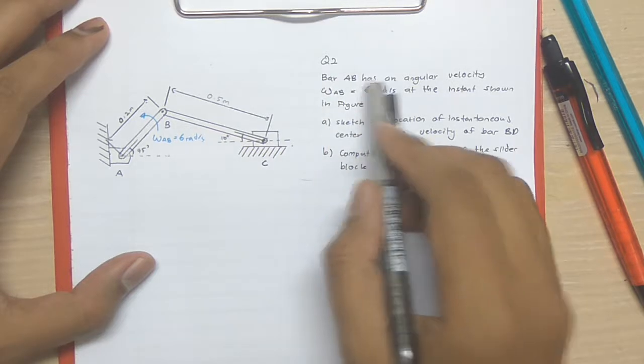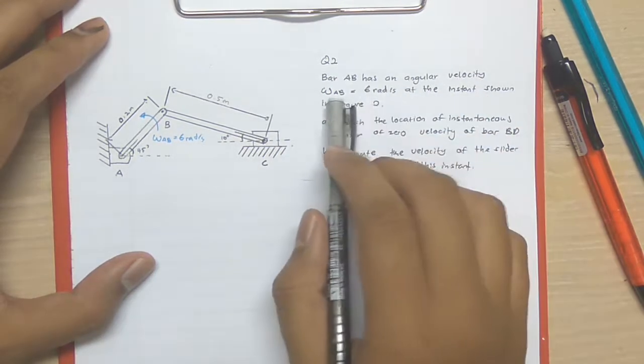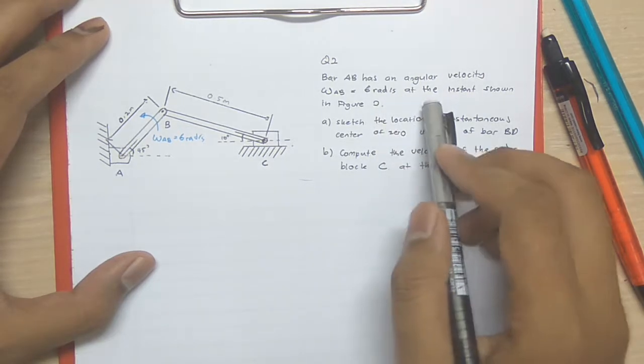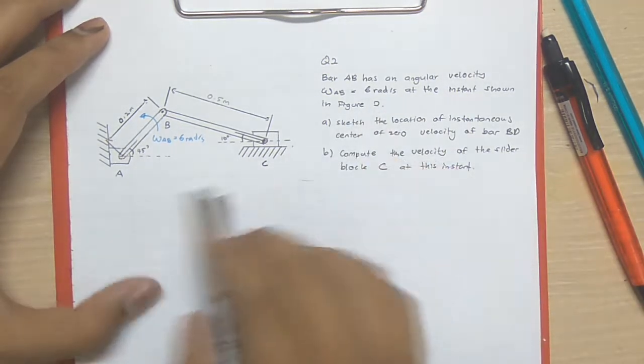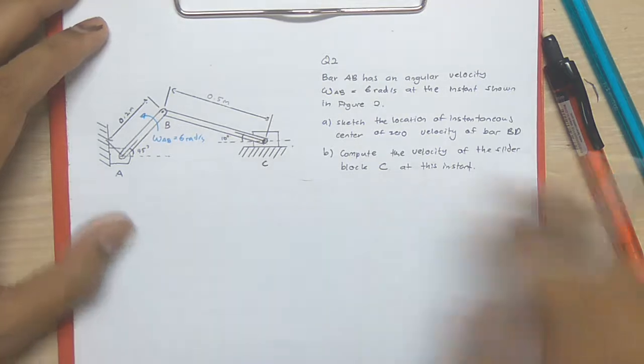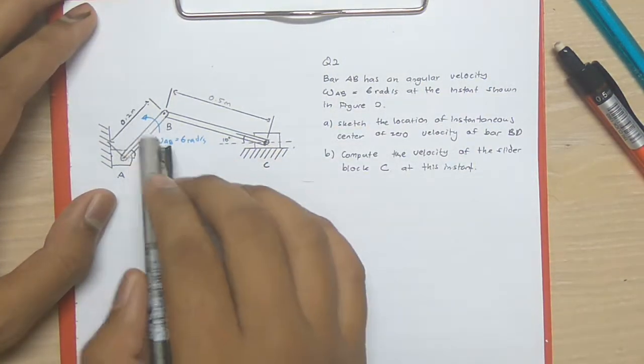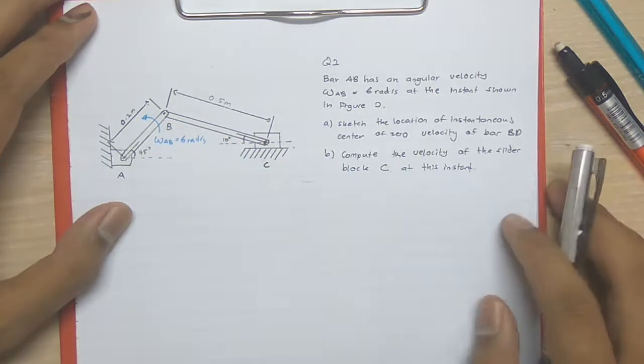Bar AB has an angular velocity omega AB of 6 radians per second at the instant shown in figure 2. The omega AB is put in the figure.